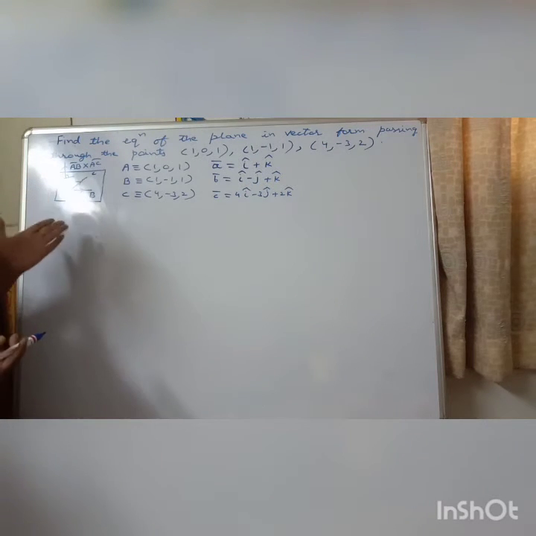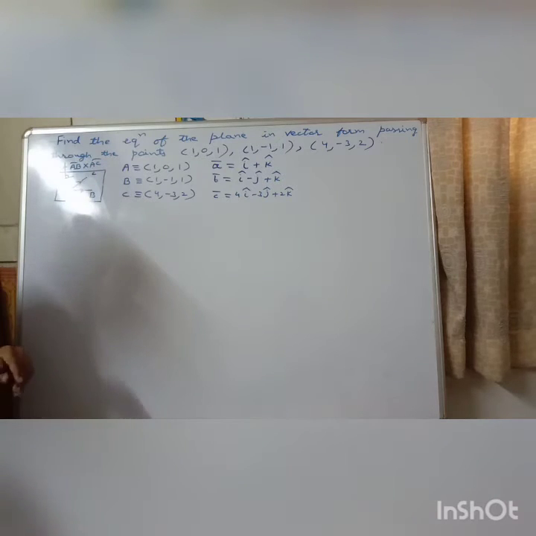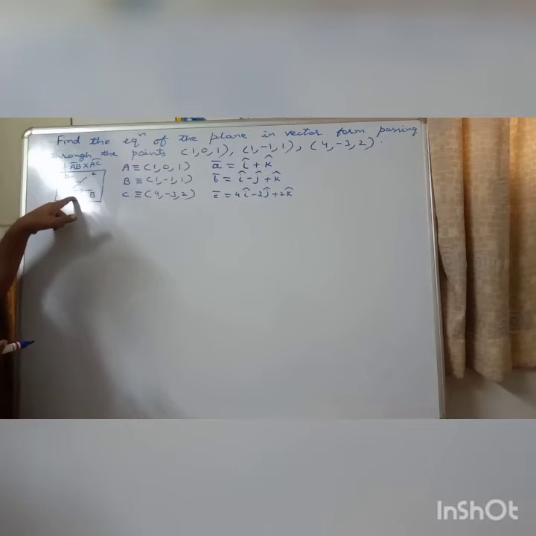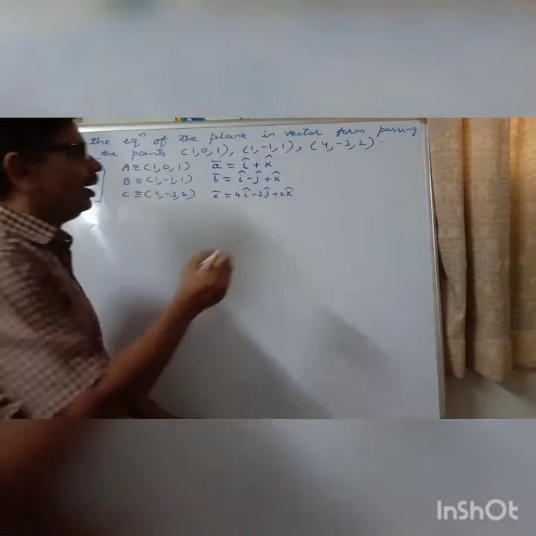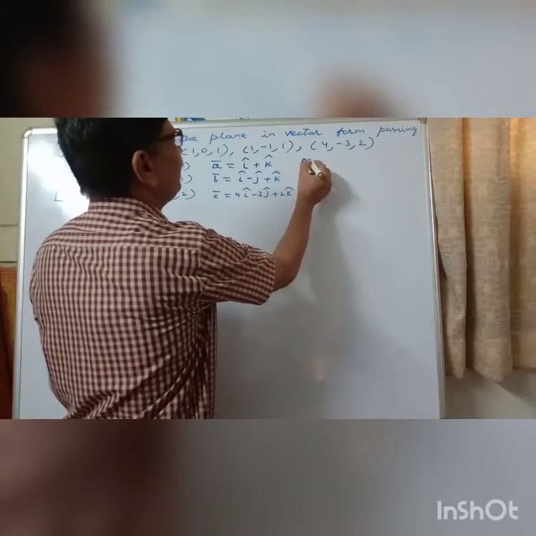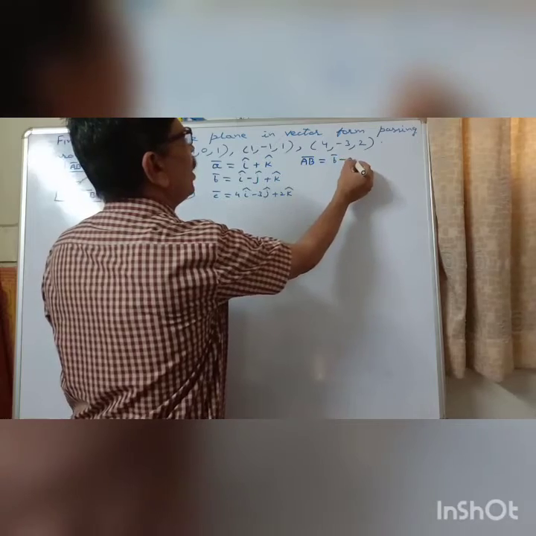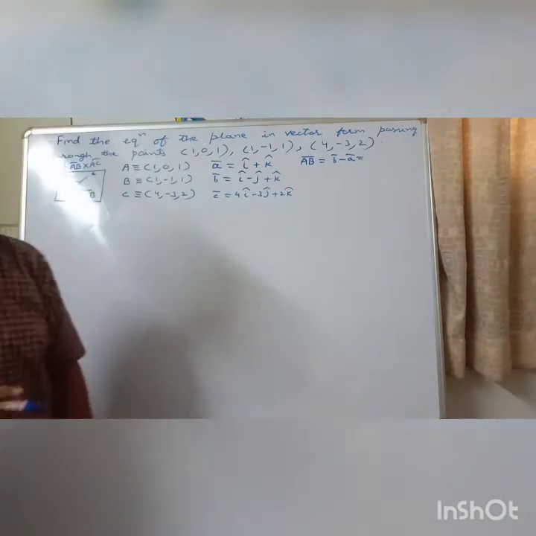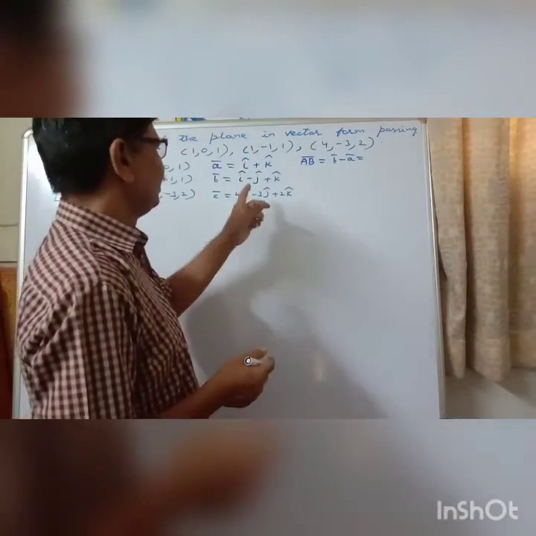Before that we have to find AB bar and AC bar. Here we know position vectors of points, but we don't know vectors AB bar or AC bar. AB bar is the vector directed from point A towards point B. A is the initial point, B the terminal point. A vector in space can be expressed as the position vector of the terminal point minus the position vector of the initial point. I minus i cancels.